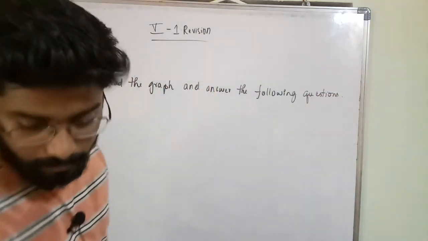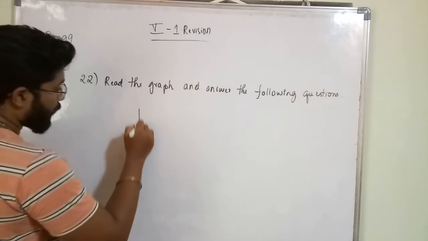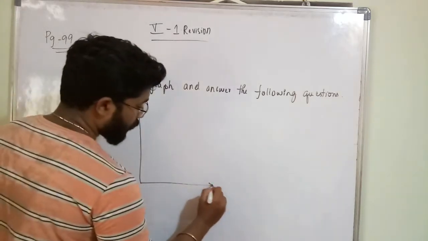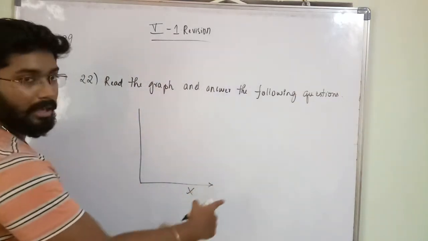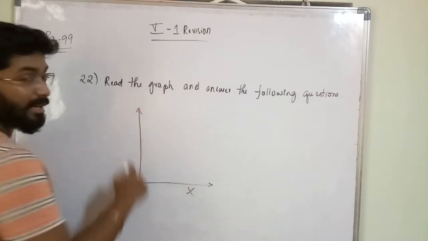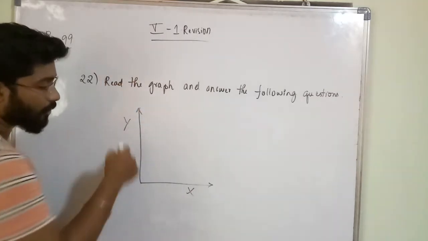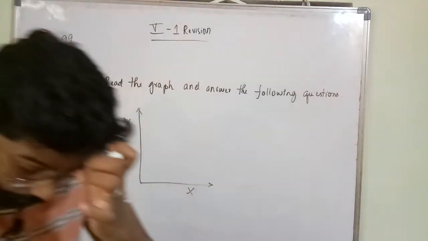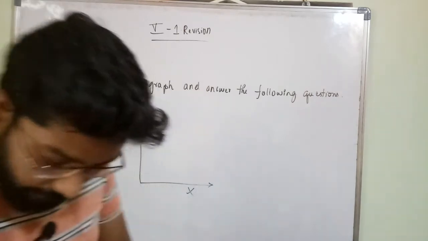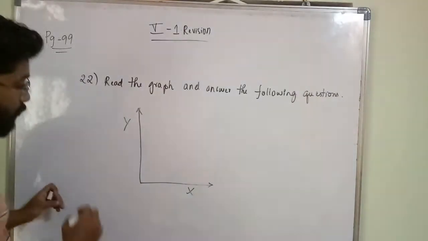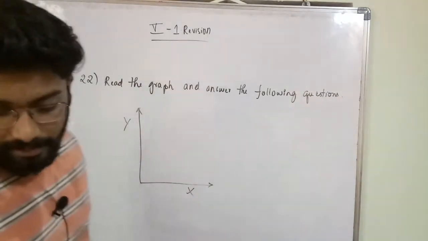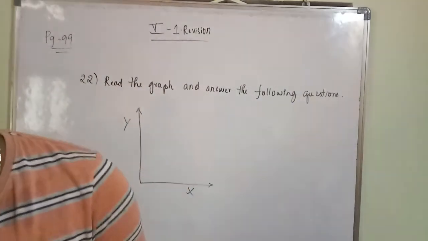Okay, so a graph will have two axes. The line going across the bottom is called the x-axis, the line which is pointing up is called the y-axis. On the y-axis he has given the number of fruit baskets sold.